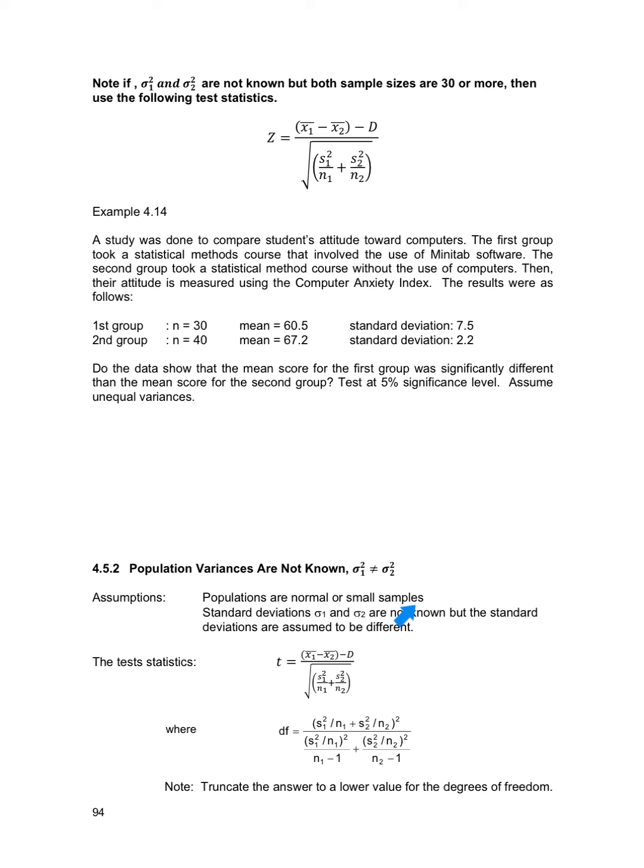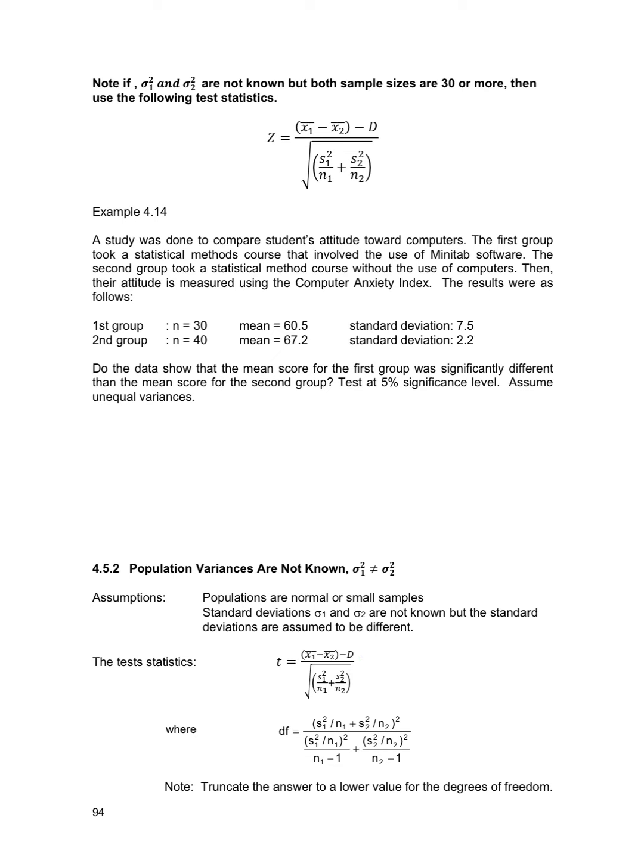Untuk case number 1 and number 2, number 1 we know the population variance for both populations lah. Okay, case number 2 we do not know the population variance, but the sample sizes are large. Okay, now case number 3, the populations are normal, but the sample sizes are small, meaning that it was less than 30. So the standard deviations are not known, but we assume the standard deviations are different.